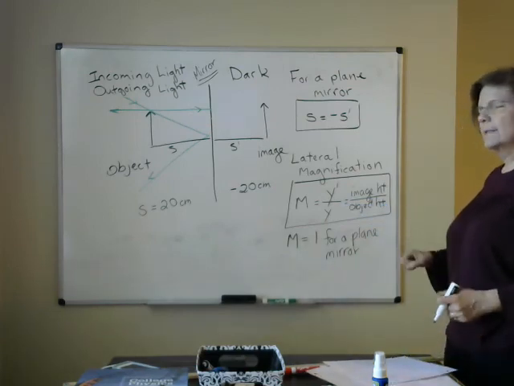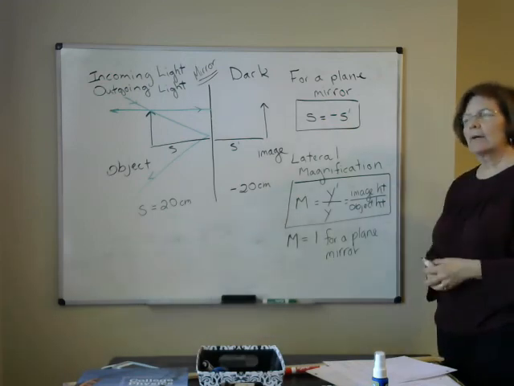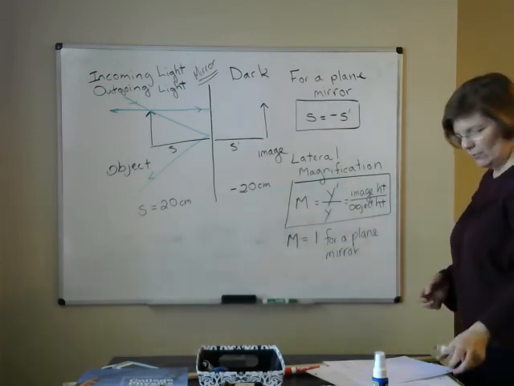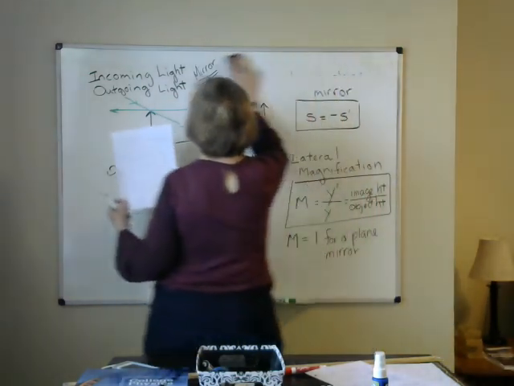When M is positive, it means that the image is going to be upright. It also means it's going to be a virtual image. Write down a few more things.